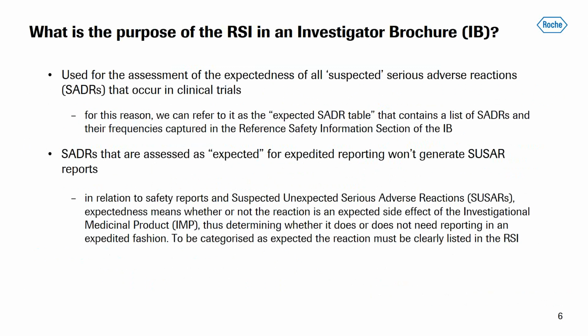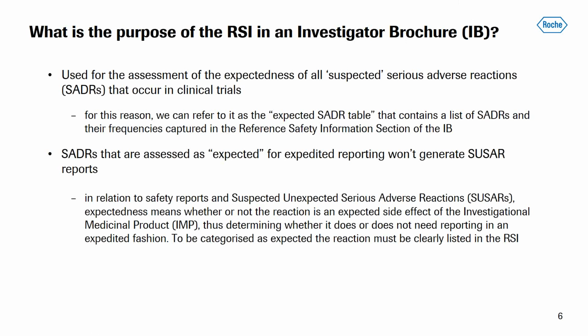On one hand, it's used for assessment of the expectedness of all suspected serious adverse reactions that occurred in the clinical trials. And on the other hand, a SADR that is assessed as expected does not need expedited reporting and won't generate any suspected unexpected serious adverse reactions, that's for SUSAR reporting.